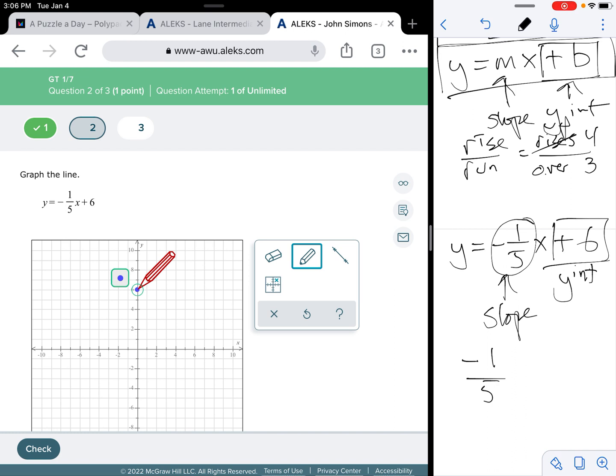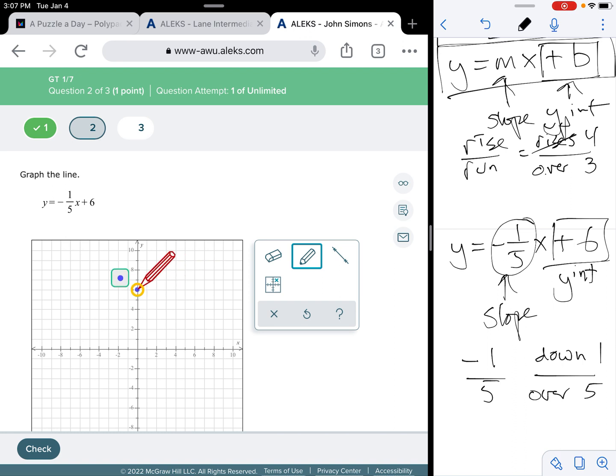So -1 in your numerator, if that's your rise, means you're going down 1. A negative rise is going down. And then over, and remember we're always going over to the right, over 5. So we go down 1 and over 5: 1, 2, 3, 4, 5.